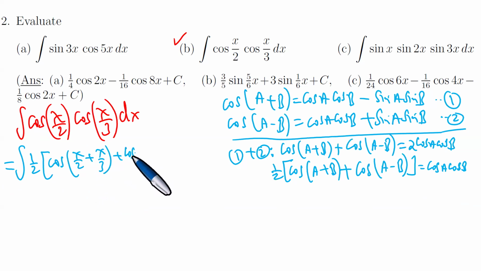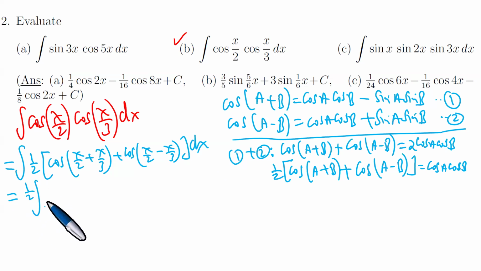And then we have plus the cosine of x over 2 minus x over 3, dx.